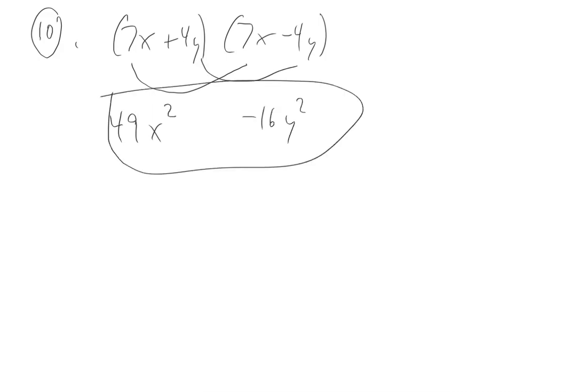Then we have number 11, which, oh wait, let me go to a new page. And now we're on problem number 11. It says find the product 3x plus 2 plus 3y multiplied by 3x plus 2 minus 3y.